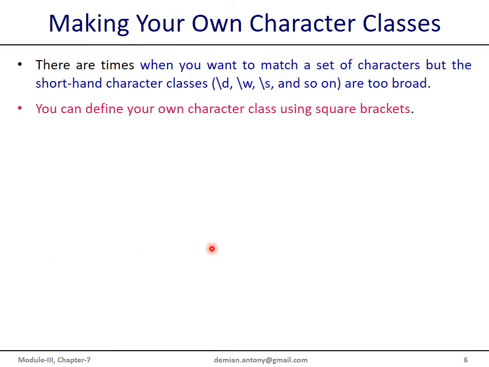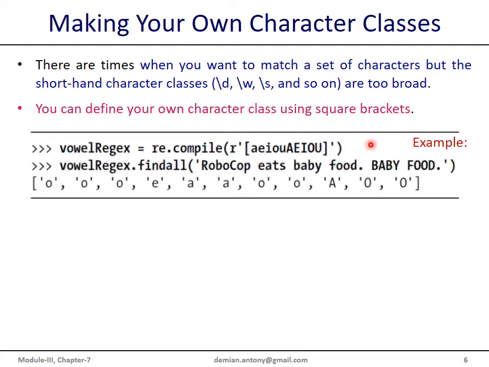Creating our own character classes. Suppose we don't want to match a set of characters with the shorthand character classes, then we can create our own character class using the square brackets, and we have to specify all the characters belonging to this newly created character class within the square brackets. Let us take up the example of creating a vowel character class. And how are we going to create this vowel character class?